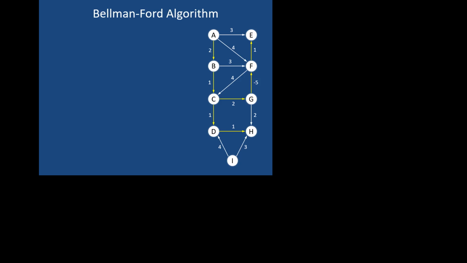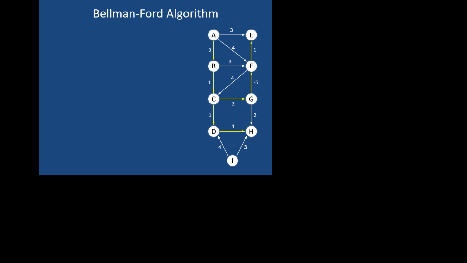Yeah? Just the number of edges in the graph. That's the number of edges in the graph. So in this case, there are, what are those? Not the number of edges in the graph, the number of edges in the tree. Each iteration we're guaranteed to deal with at least one update in the right order. So in this one, there's what? 9 vertices, so the longest possible path will be 8.